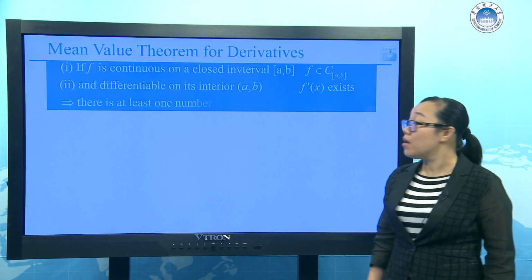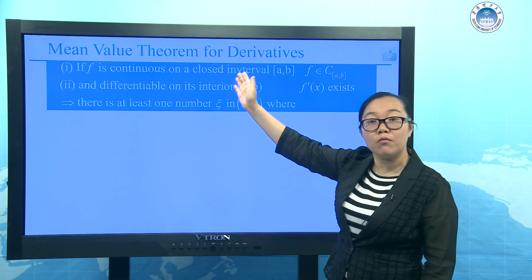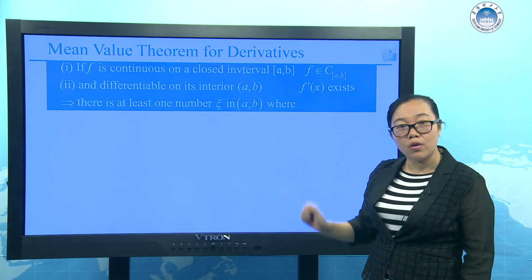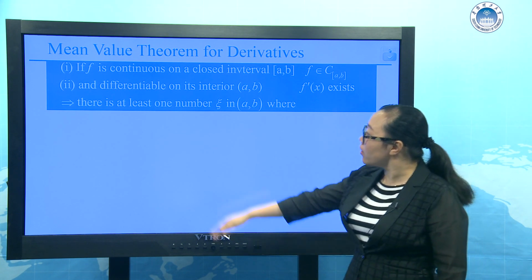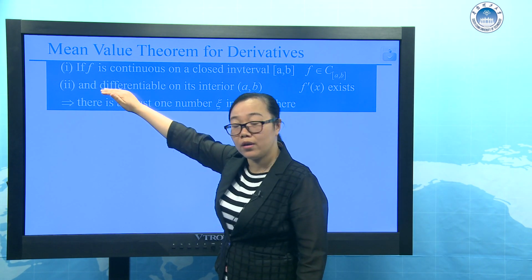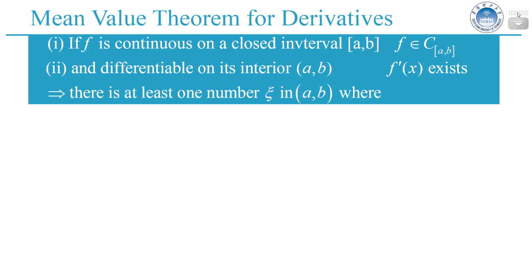So now look at the mean value theorem for derivatives. There are two conditions. Look at condition 1. If f is continuous on a closed interval from a to b, sometimes we write f belongs to the continuous functions on the closed interval [a,b].